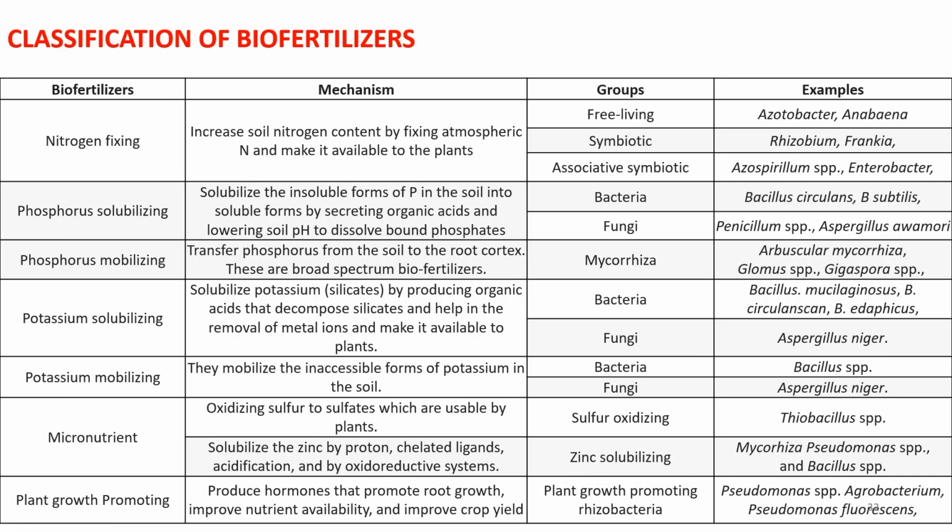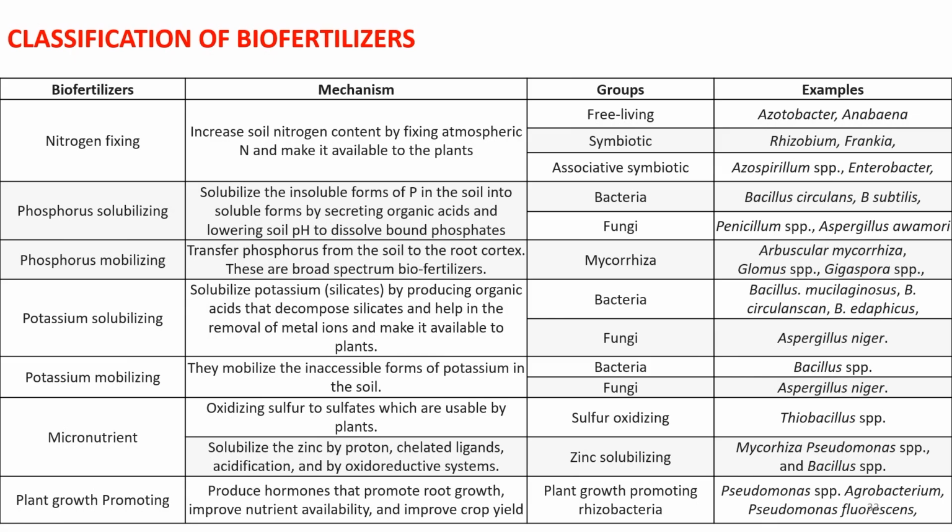We have phosphate mobilizing biofertilizers. These transfer phosphorus from the soil to the root cortex, and these are broad spectrum biofertilizers. For example, you have mycorrhiza, arbuscular mycorrhiza and Glomus species. Then we have potassium solubilizing biofertilizers.